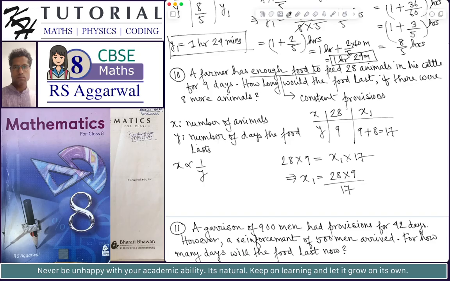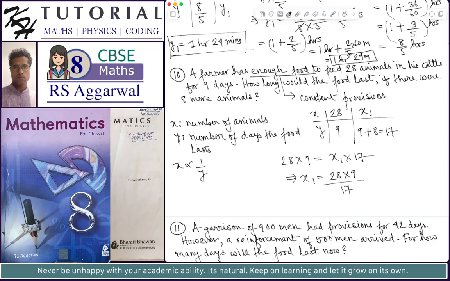I am wondering that 28 multiplied by 9 is not exactly divisible by 17, and the number of days, the answer, that is x1, should be an integer. I mean, it cannot be a fraction. I don't know, it can be a fraction.